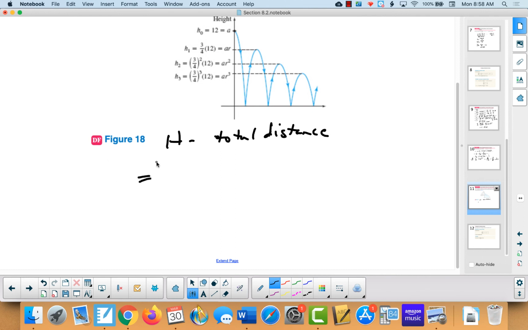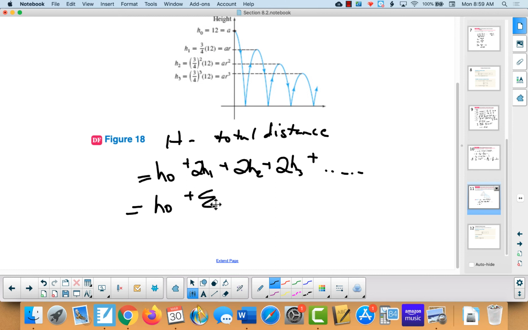that is equal to the original height plus 2 times that second height plus 2 times the third height plus 2 times the next height, and so on. So we can write that as the original height plus the sum of 2h sub k.